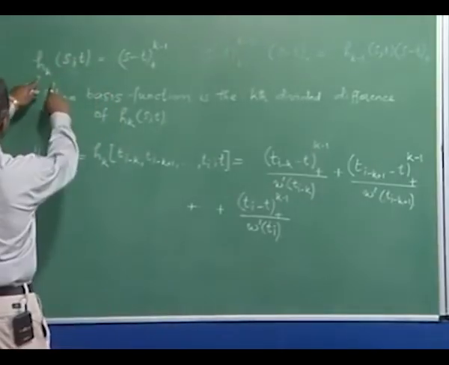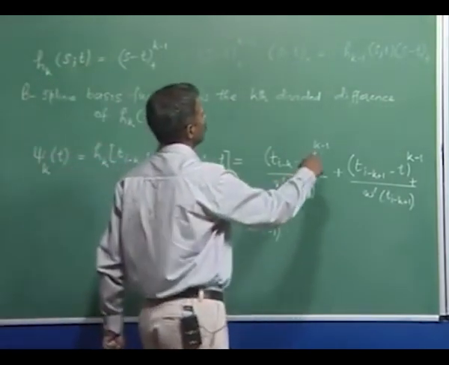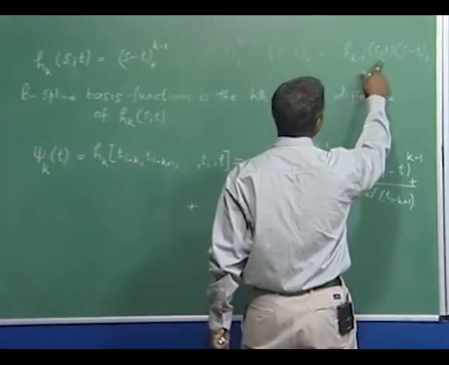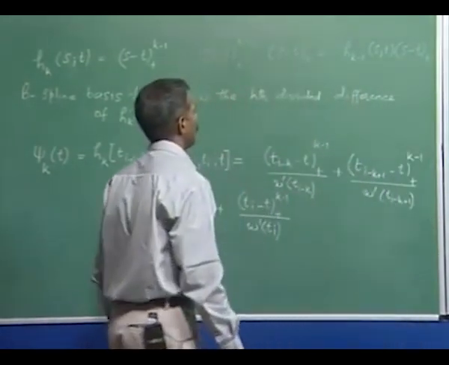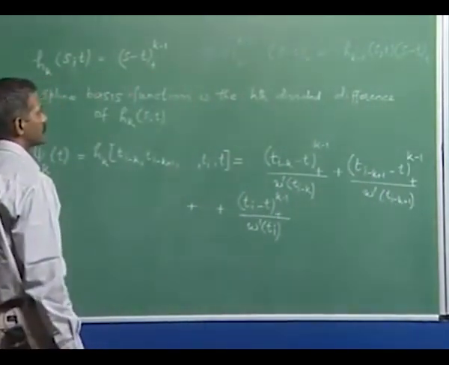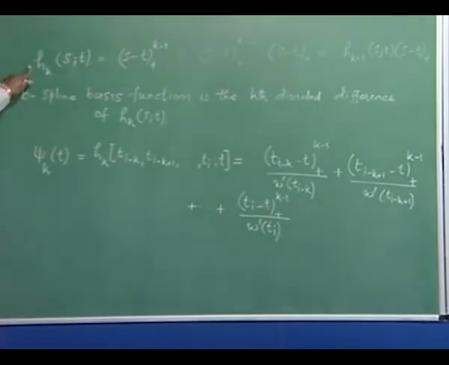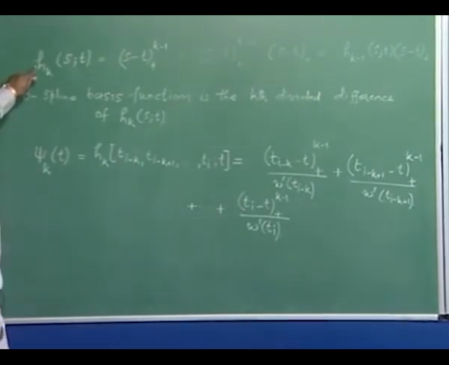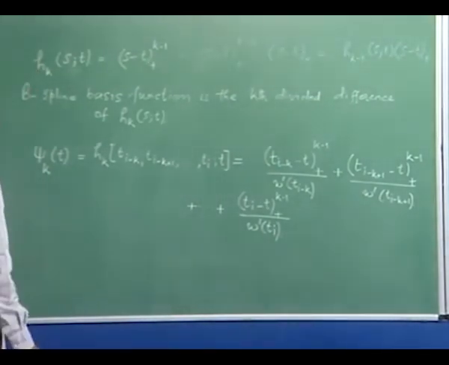Let us go back to this expression here. h_k(s; t) equals h_{k-1}(s; t) times (s minus t) truncated. And using the Leibniz result, let's try to compute the kth divided difference to get a B-spline basis function on the left-hand side. How do I do this?